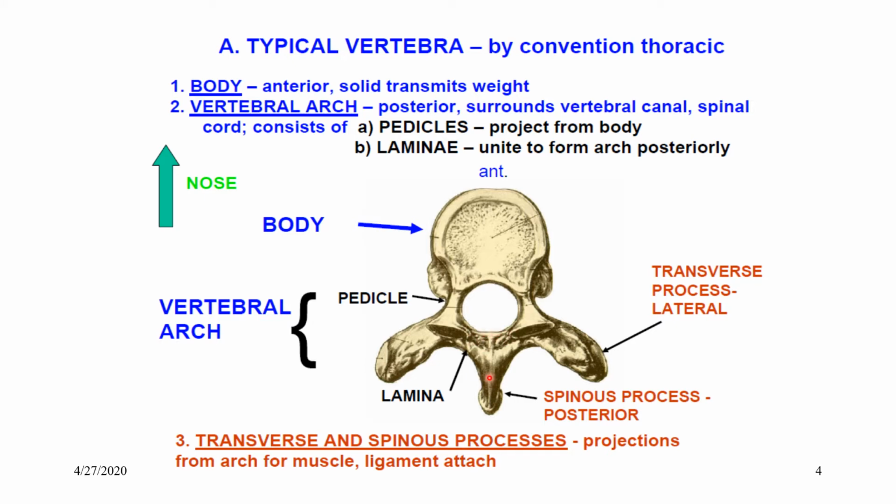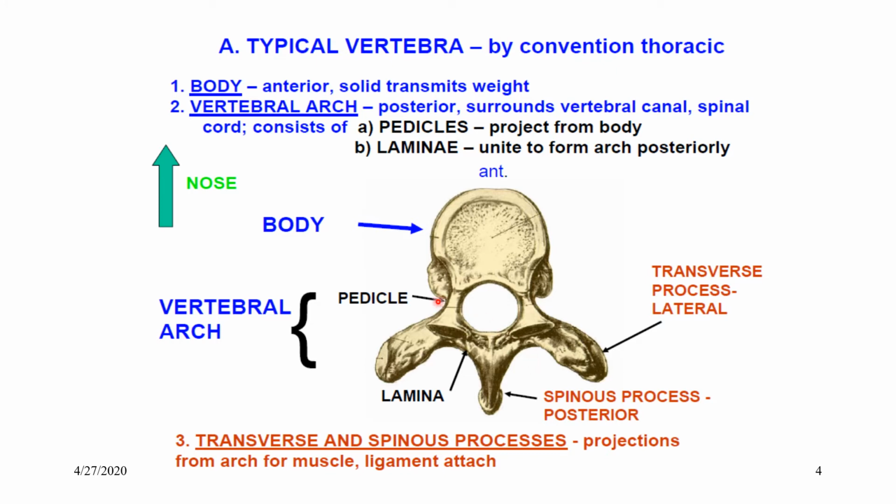Then when you see the processes, there is a pair of transverse processes laterally and a single spinous process going posteriorly, which is formed by the fusion of the two laminae, and then you are seeing a pair of superior articular processes, and there will be a pair of inferior articular processes.